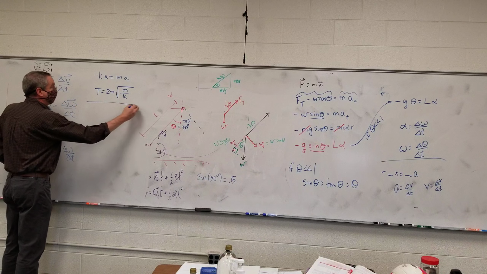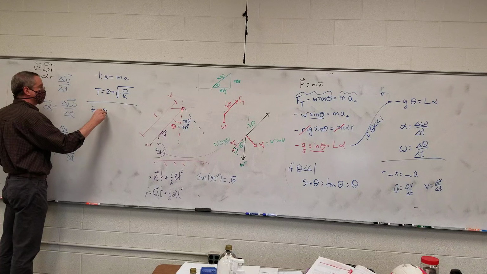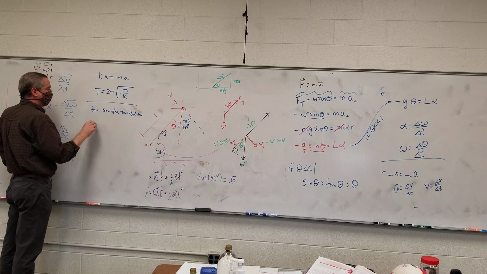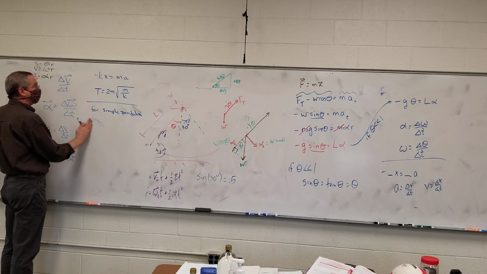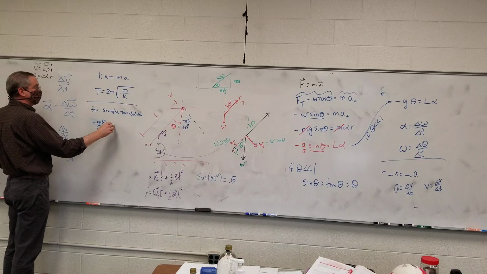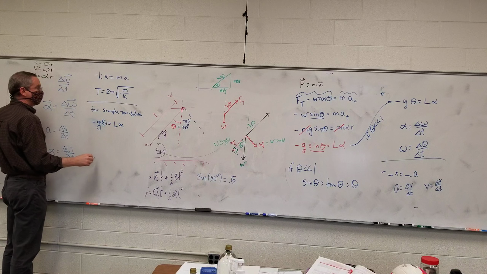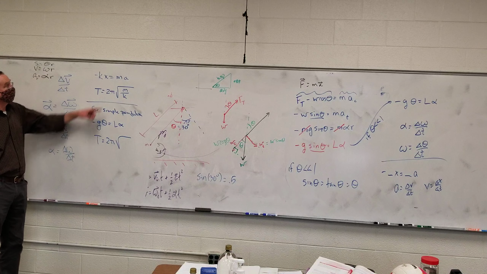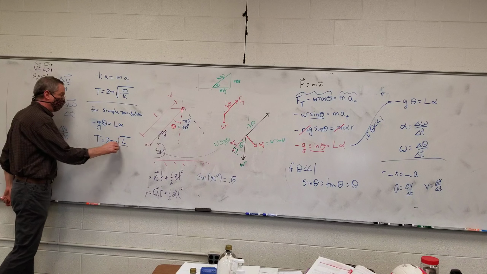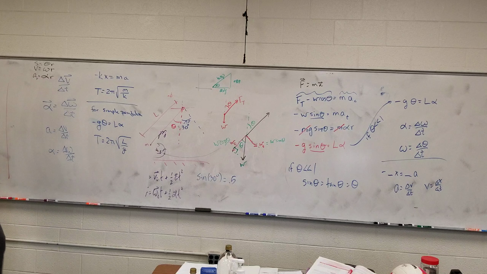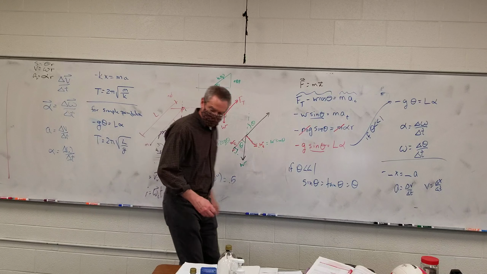For a simple pendulum, we are dealing with negative g theta is equal to L alpha. So the period would be 2 pi times the square root of, well, instead of m, I've got L. Instead of k, I've got g. And so we have the formula for the period of a simple pendulum, which we can check.